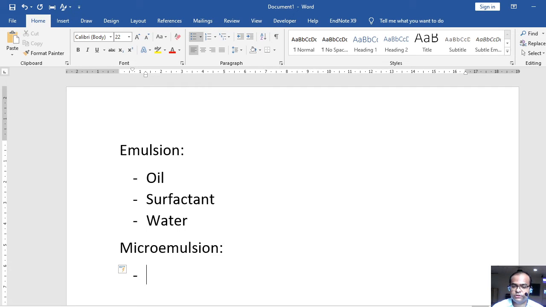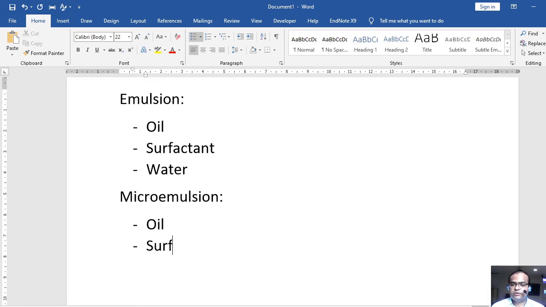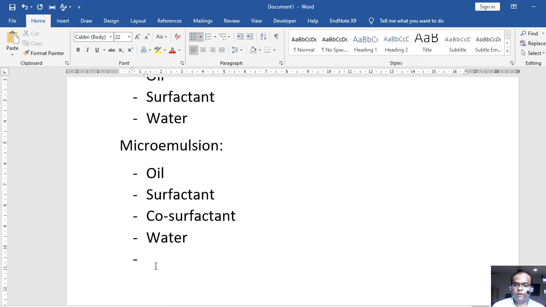It means it's the most unstable. So in most micro emulsions we need to add oil, surfactant, water, and one more component, the co-surfactant, right? You may find the role of the co-surfactant, and why we need to add it in the micro emulsion preparation or in the preparation of a self micro emulsifying system, in some good review or some good book.